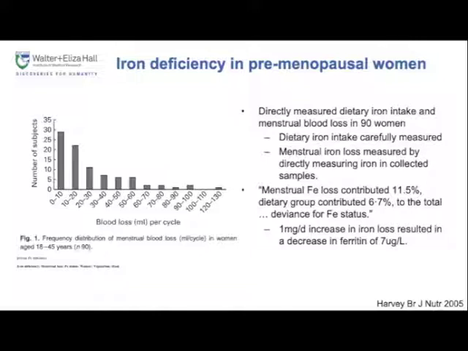And they also carefully measured the dietary iron intake. What they showed is that it's actually the menstrual bleeding that is the bigger contributor to a woman's iron stores than the nutrition. So essentially, the main determinant of the iron status of a premenopausal female is actually the volume of menstrual blood losses.